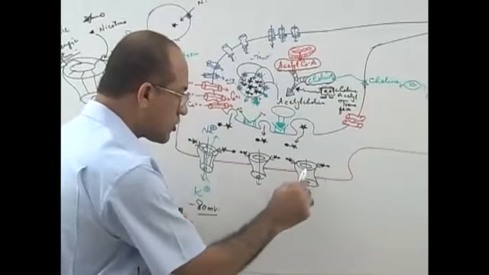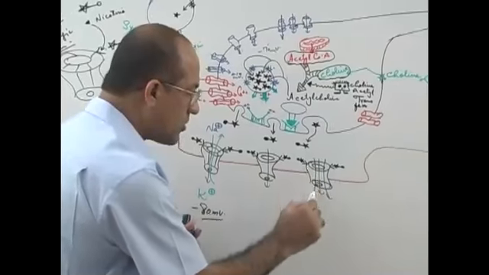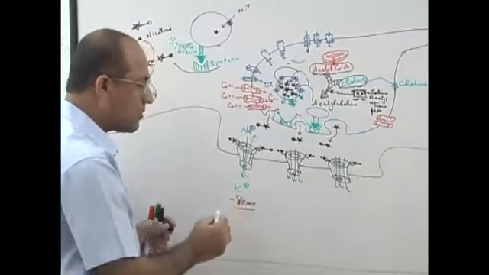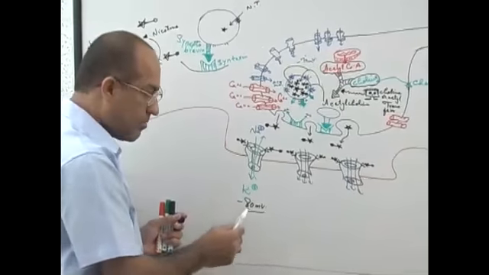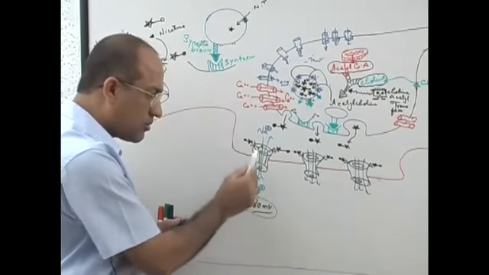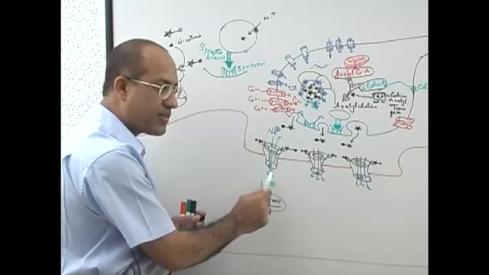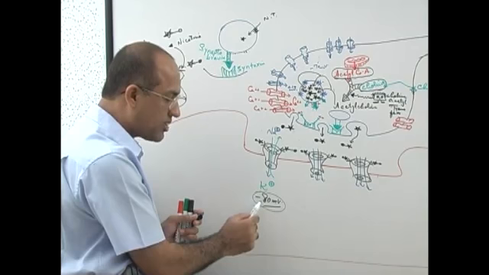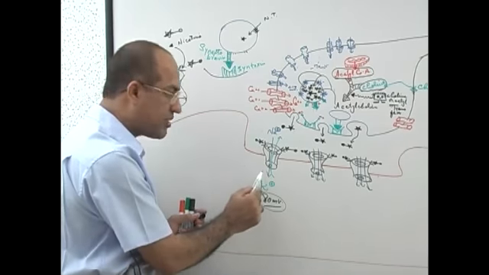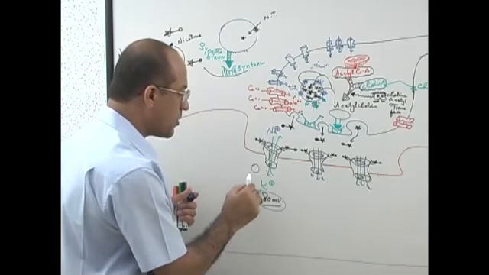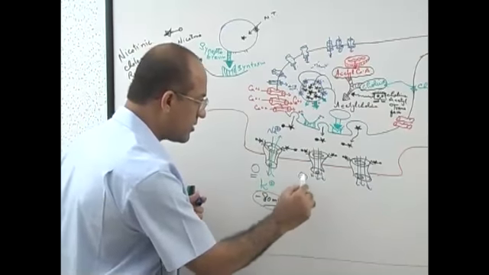As more and more sodium comes in through these acetylcholine receptors, it progressively makes the membrane potential less and less negative. From minus 80 it becomes minus 60, minus 40, minus 20, and most of the time it becomes 0 millivolt. This is 0, not anything else.